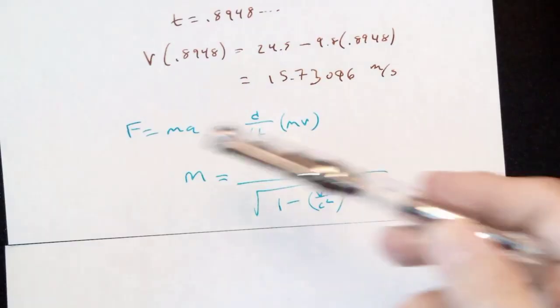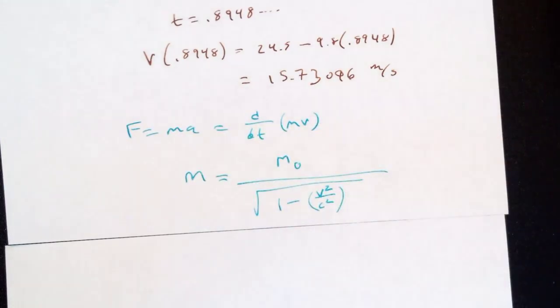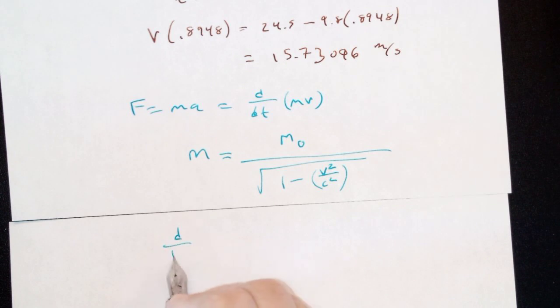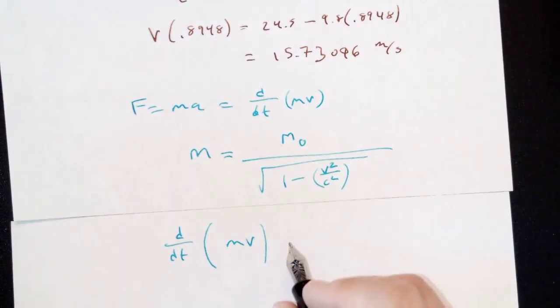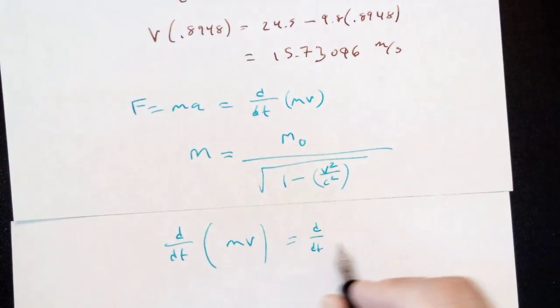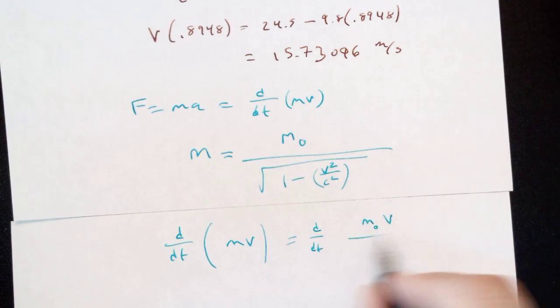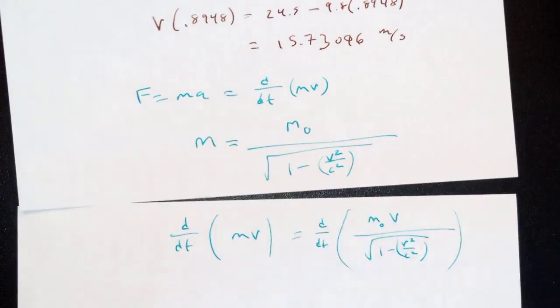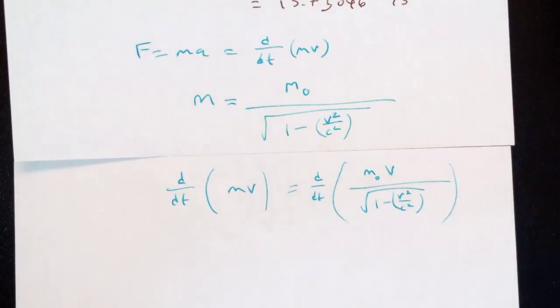Okay. I want to know how force changes. So I want to use this calculation. I want the derivative of mv, but I want to use this for mass. Okay, Mariah, do you want to do quotient rule or product rule?